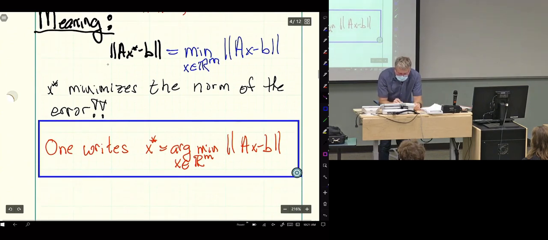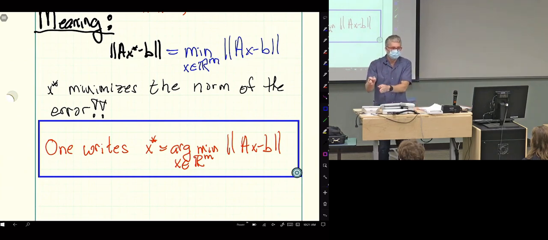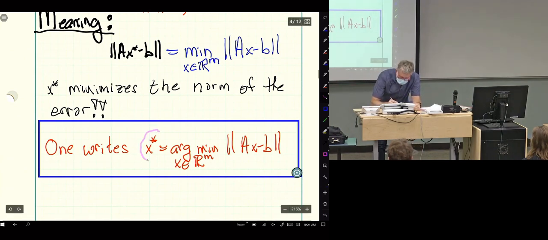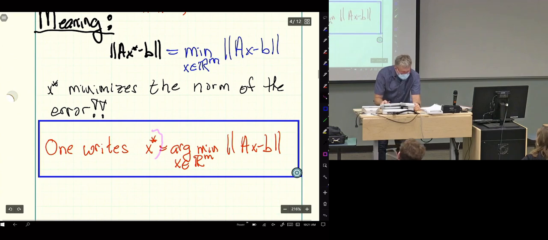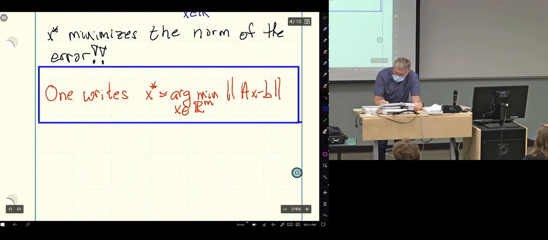When I write it like this, I return the minimum value of the function that is being minimized, but I'm not returning the point at which it's minimized. The function has a smallest number, 3, and I'm returning that, but it happens at x equals pi over 4. I want to return that. That's what this does. That's the point at which the minimum is achieved, okay?